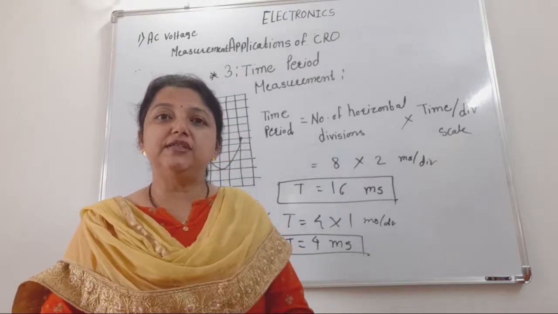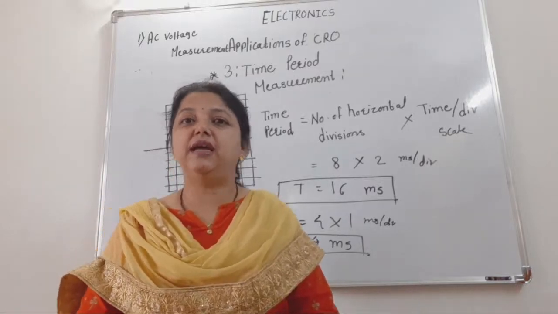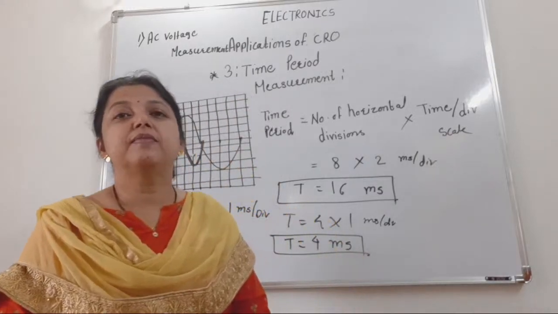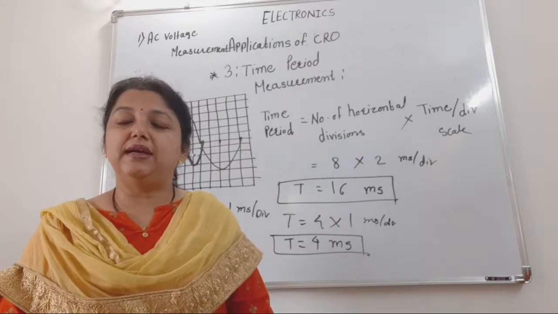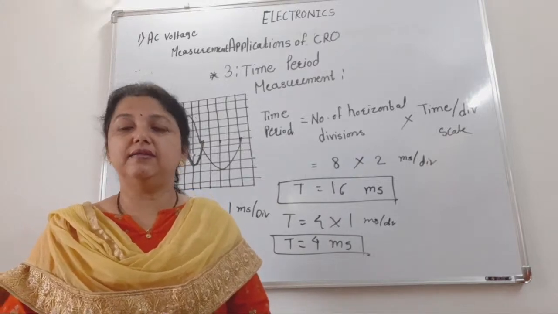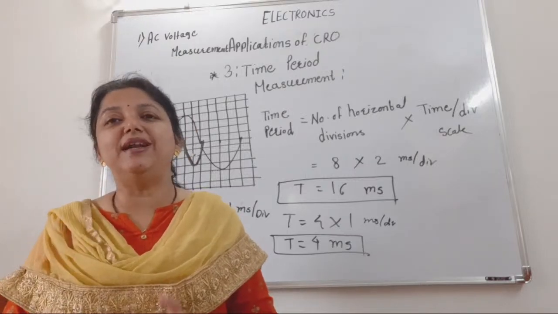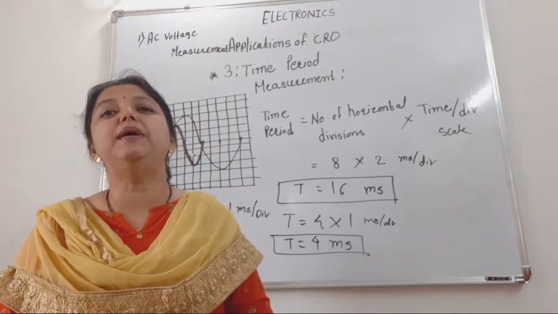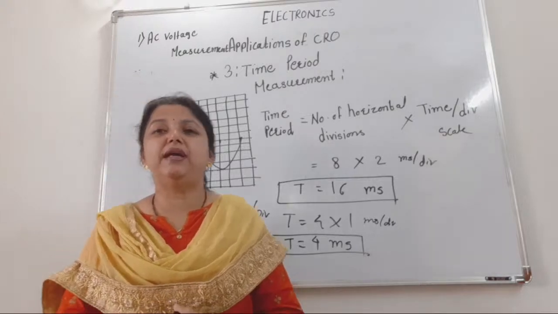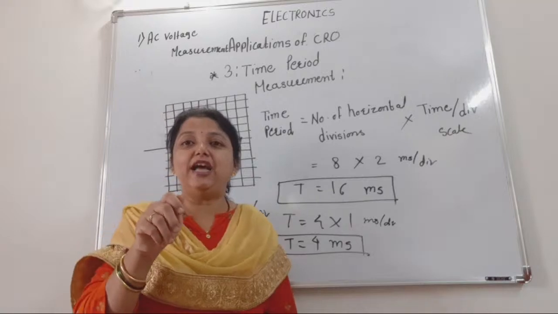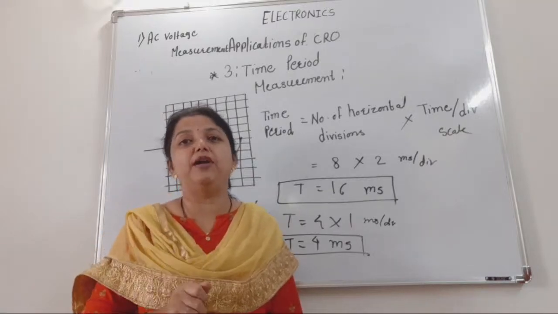Is the time per division scale given? No. We have to consider any digit you can take. For one wave it requires very little time, so you have to consider it in milliseconds. You may take it as 2, 10. When we perform the practical, at that time we actually adjust that time per division knob.